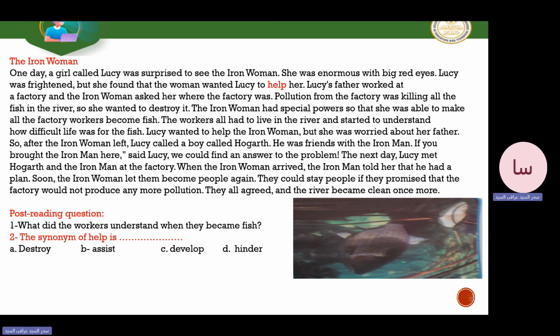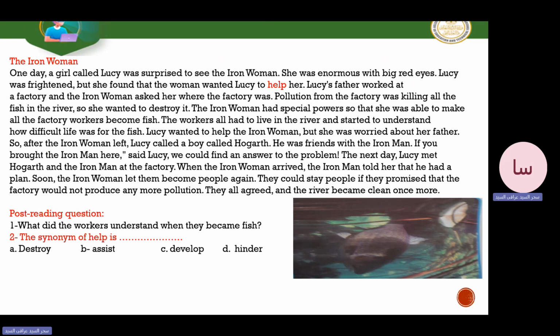Lucy was frightened, but she found that the woman wanted Lucy to help her. Lucy's father worked at a factory, and the Iron Woman asked her where the factory was. Pollution from the factory was killing all the fish in the river, so she wanted to destroy it.